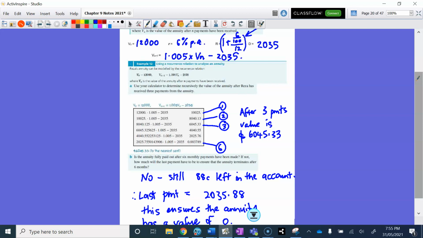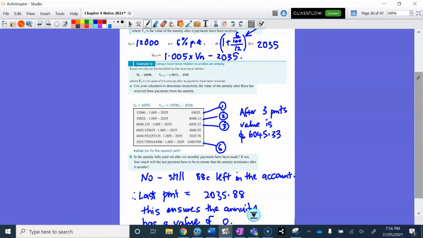When you're using your calculator with recursion in these examples, we start with 12,000, hit enter, multiply by 1.005 and subtract 2,035, then hit enter 6 times for 6 months of payments. You can see that the first question asks you to use your calculator to determine recursively. That's how you know you have to show calculations for every value from V1 to V3 there.